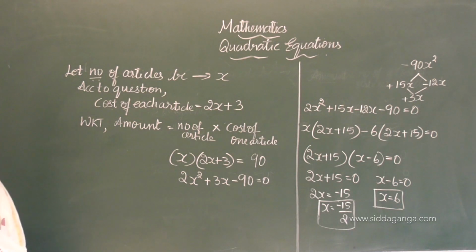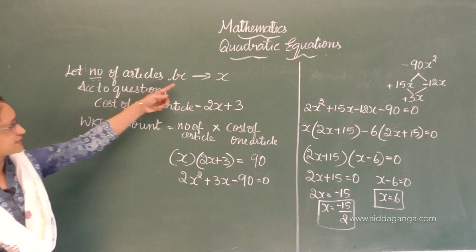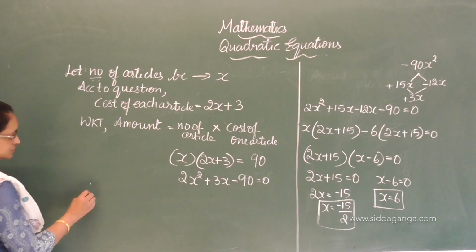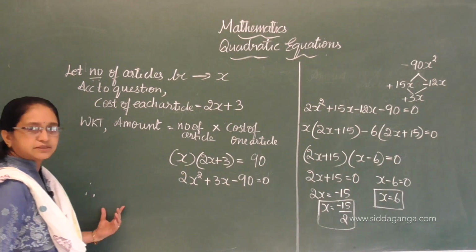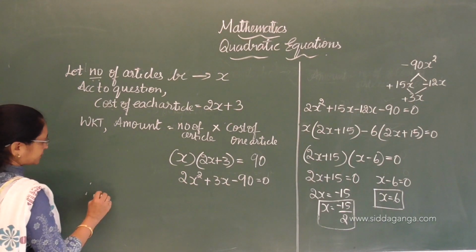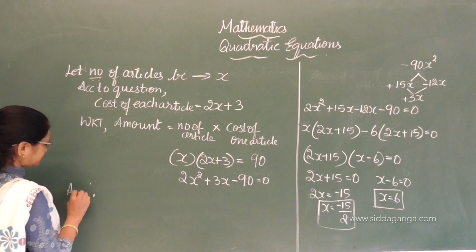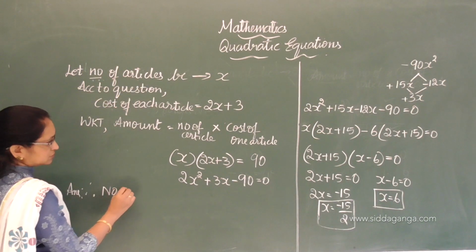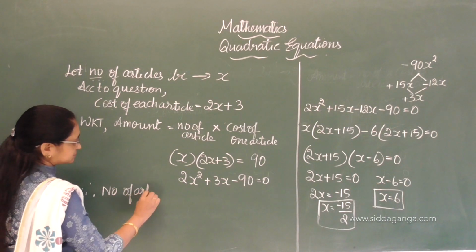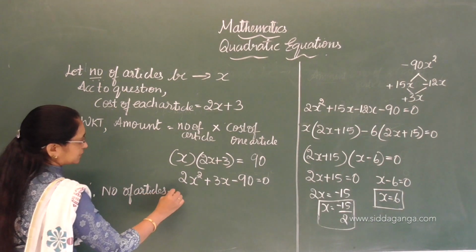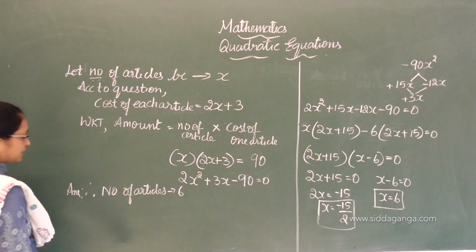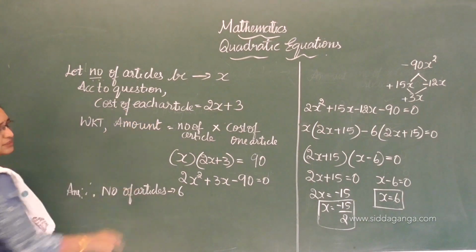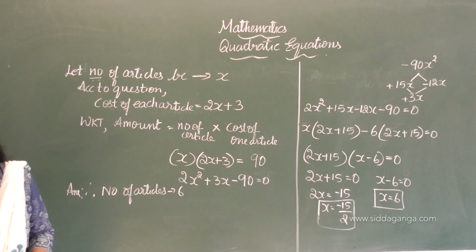Now to what conclusion can we come? That is the number of articles. So the answer: therefore number of articles is 6. And they have asked you to find out the cost of each article also.